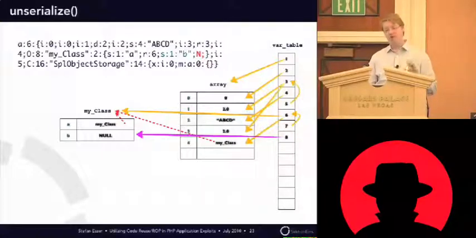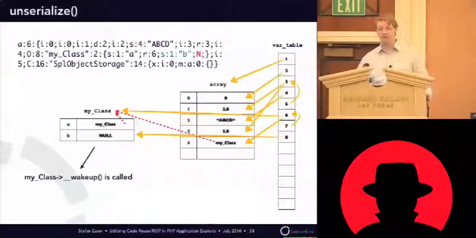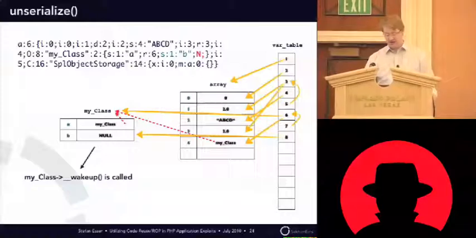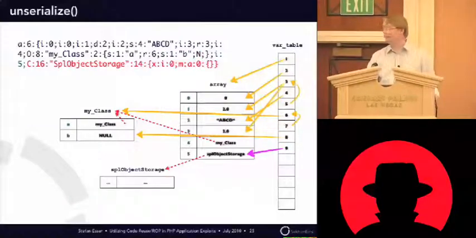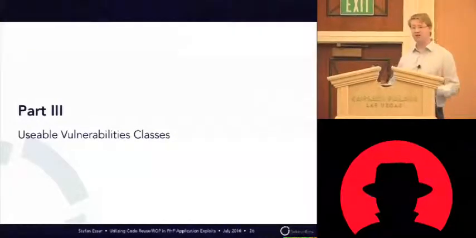Now we have unserialized the whole object, and what happens now is PHP will attempt to execute the wakeup. If there's a wakeup, it will be executed, otherwise it will just continue unserializing the rest. In this case, it will create an internal PHP object of type SplObjectStorage. We will get to this later. After that it will be finished. Okay, that's how unserialize works.